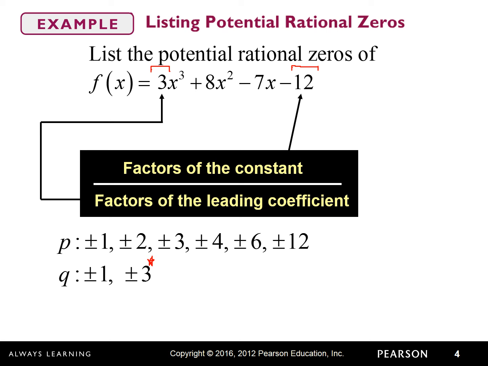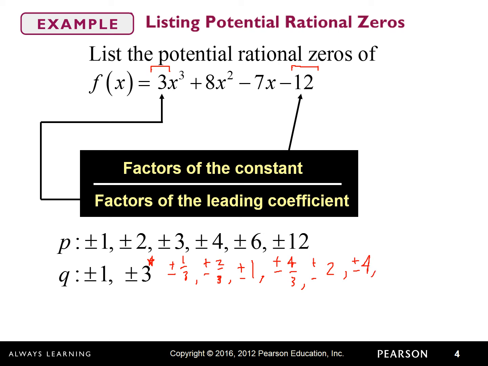So put everything over 3, so plus or minus 1 over 3, plus or minus 2 over 3, plus or minus 3 over 3, plus or minus 4 over 3, plus or minus 6 over 3, plus or minus 12 over 3.